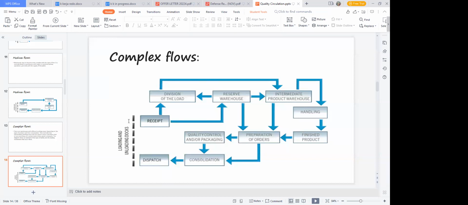So all this is normal. And go to the intermediate product warehouse. We have a handling process, then the finished product goes to preparation of orders, then the quality station for inspection, then consolidation, dispatch. But sometimes we can skip a process. It depends on the product status. This is more complex.